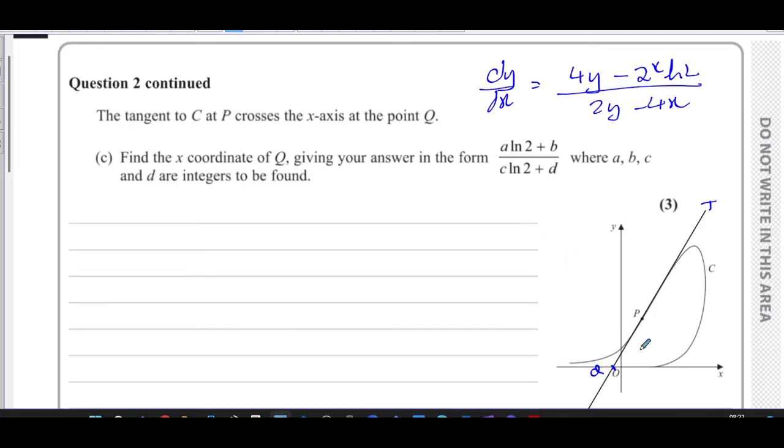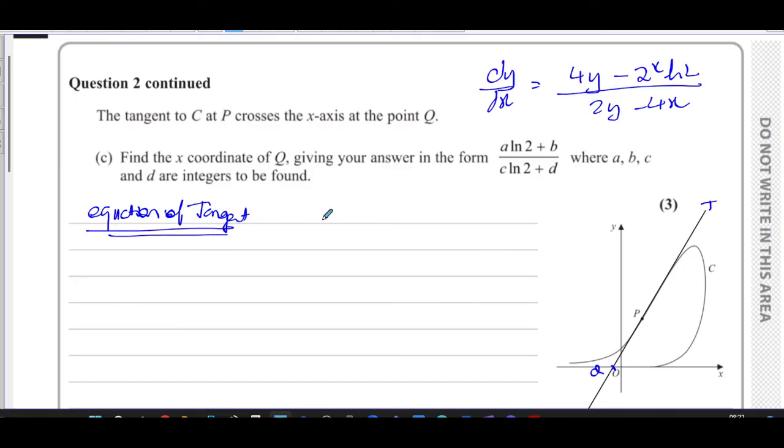So to find the x-coordinate of Q, we've got to begin the process of finding the equation of the tangent. When we have started that process, we will realize we need to find where that tangent passes through the x-axis.